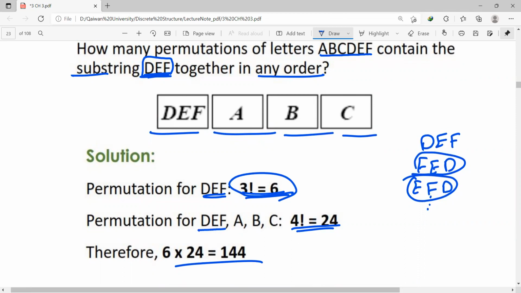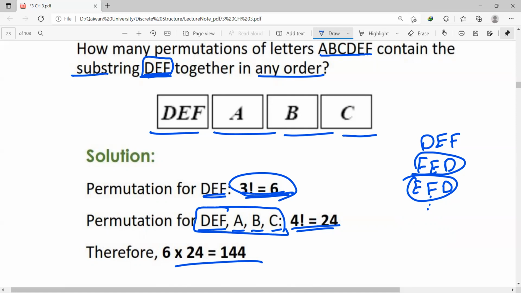And the permutation of D, E, F, A, B, and C is 4 factorial because here we have 4 elements. Here we deal with D, E, F as only 1 letter. A is a letter, B is a letter, and C is a letter. You have 4 letters, so we have 4 elements. The permutation of 4 elements is 4 factorial, which is 24.